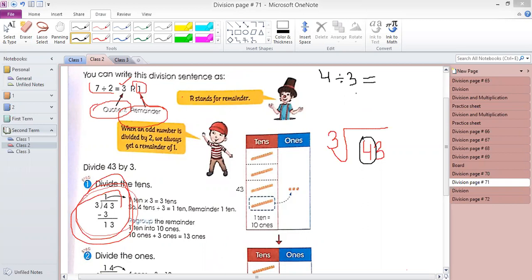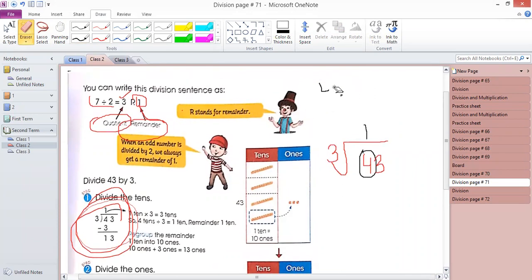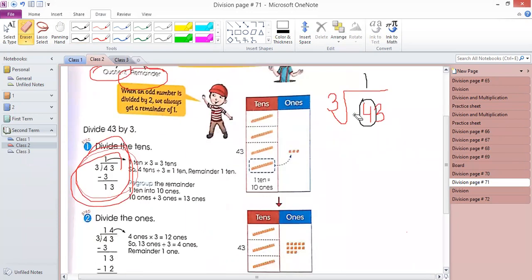So you will go for the number which is near to or less than 4, which is 3 ones are 3. So 4 divided by 3 is equal to 1, because you cannot go for 2; 3 twos are 6, it is bigger.